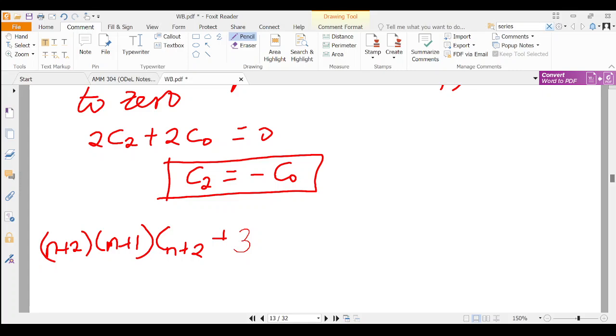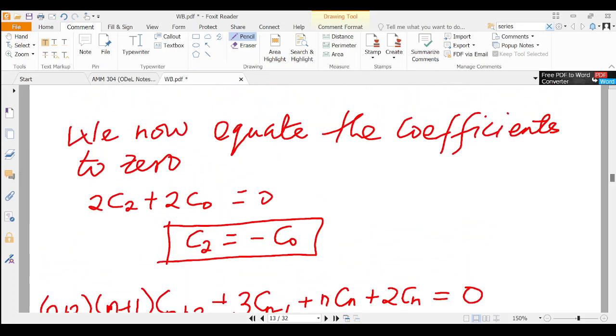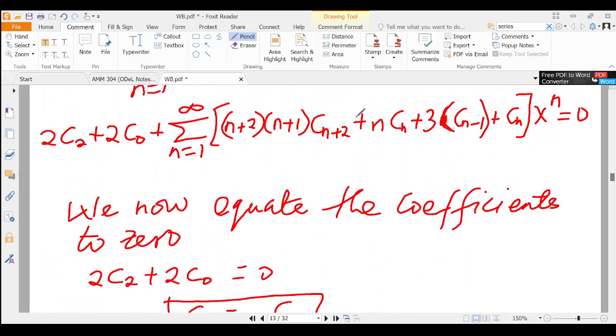So we have 3 c_{n-1}, and then we have plus n c_n plus 2 c_n, and this is equal to 0. So I'm adding all this, I'm putting this coefficient to 0.